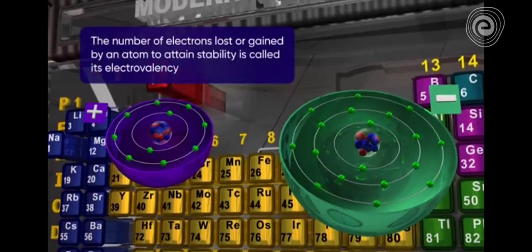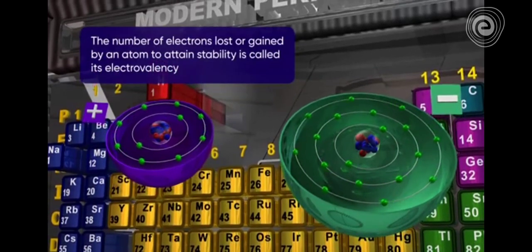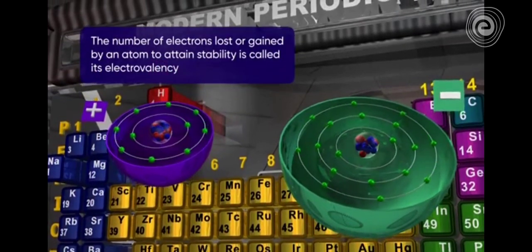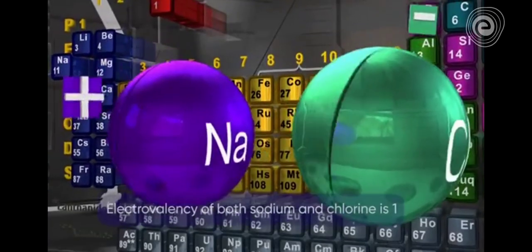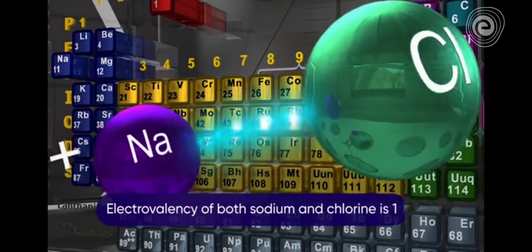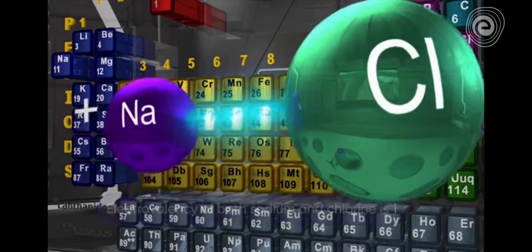The number of electrons lost or gained by an atom to attain stability is called its electrovalency, which is 1 for both sodium and chlorine.